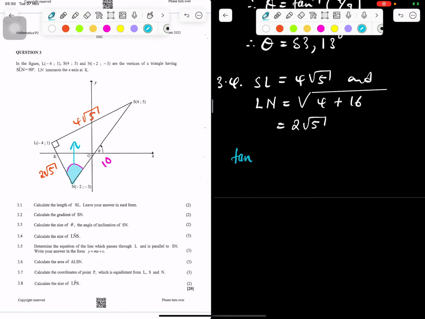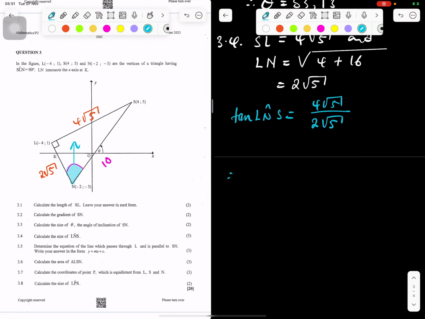The tangent of LNS is going to be 4 square root of 5 divided by the adjacent of it, which is the square root of 5. Therefore, the tangent of LNS is equal to, that should be 2, carefully there.